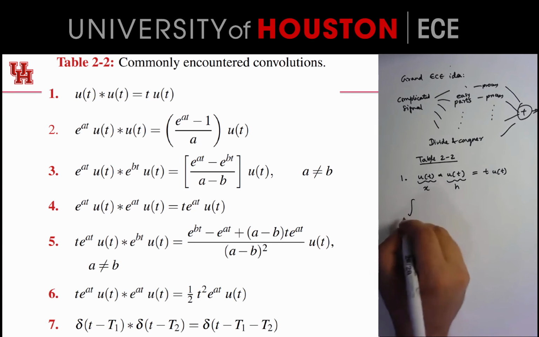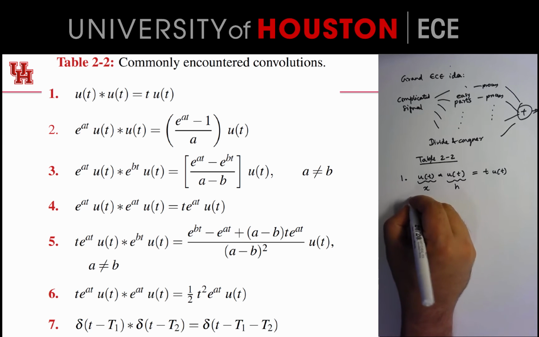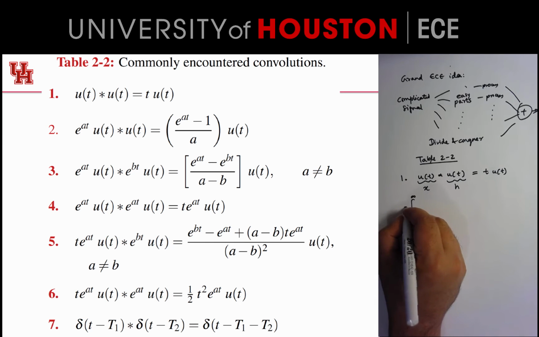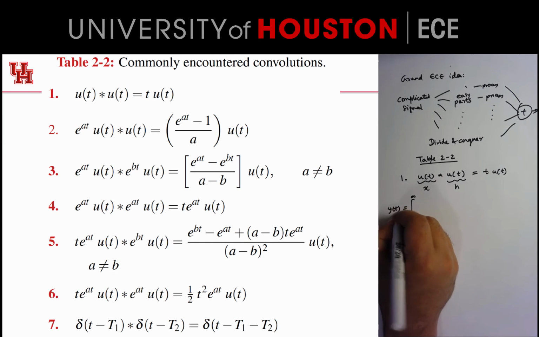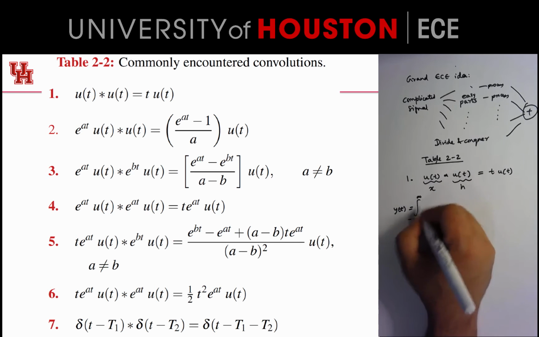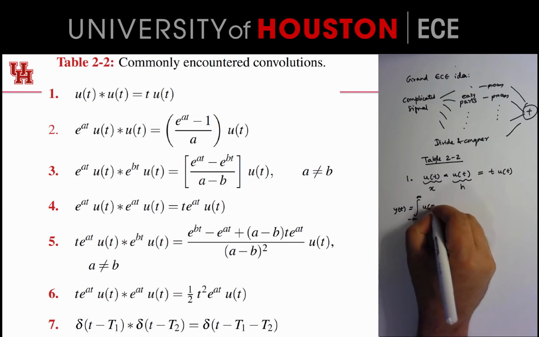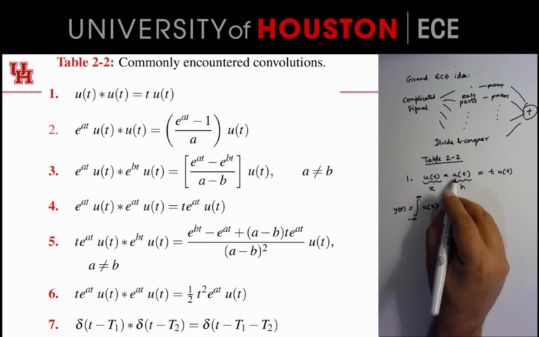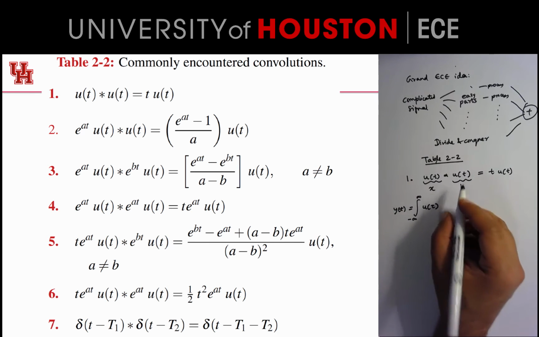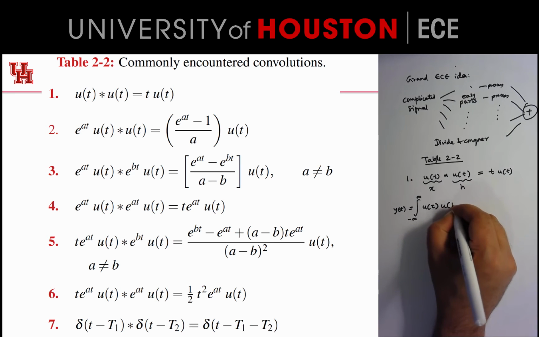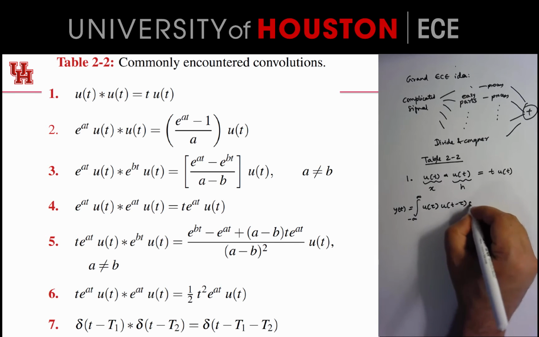So y of t is the integral from minus infinity to infinity of x of tau, which is u of tau, times h of t minus tau, which is u of t minus tau, d tau.